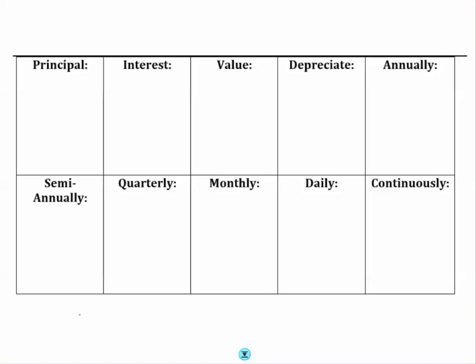Principal is the original amount of a loan or investment. Interest is a charge for a loan, usually written as a percentage.